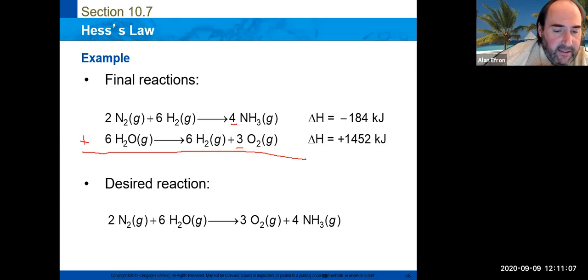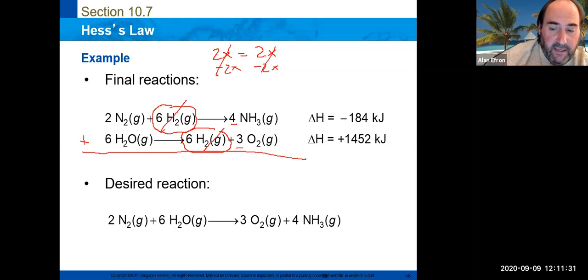And again, anything that's on opposite sides of the arrow, for example, the H2 is on the left-hand side of the arrow in the first equation, and it's on the right-hand side of the arrow in the second equation, they will cancel each other out. It's like when you have 2x equals 2x. You can think of the arrow as an equal sign. You would subtract 2x from both sides, right? And they will cancel out.